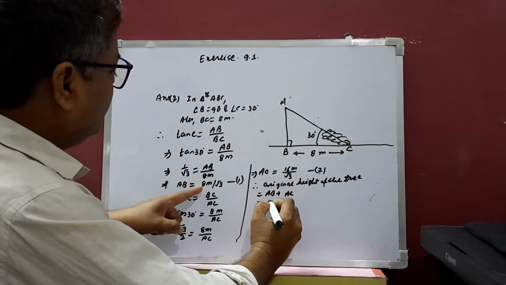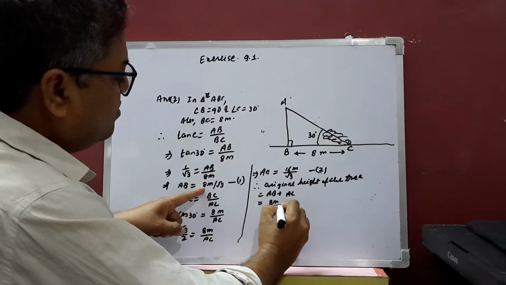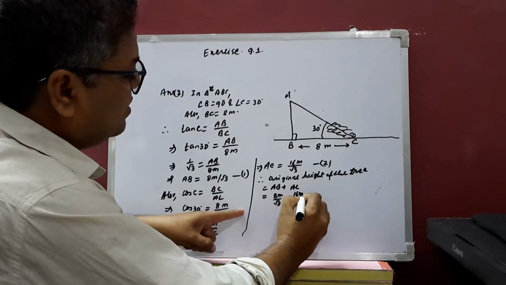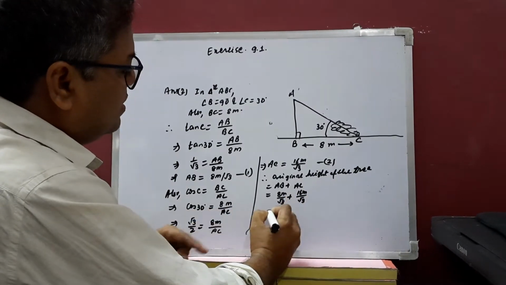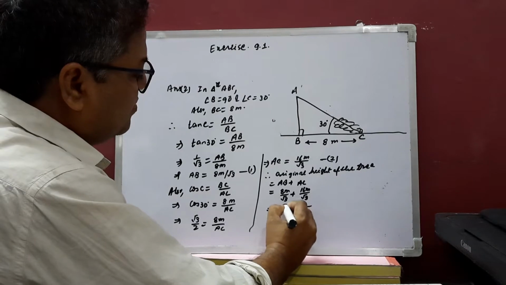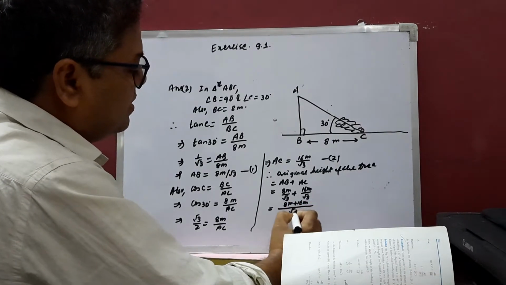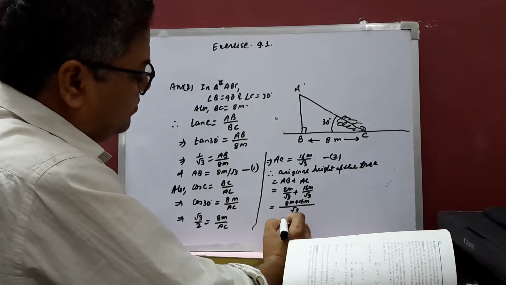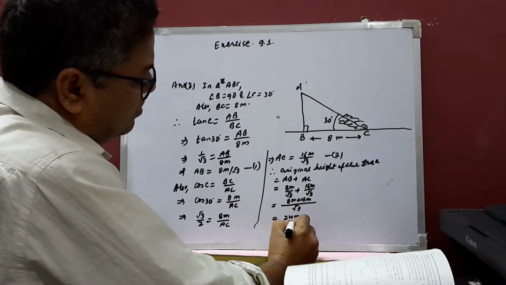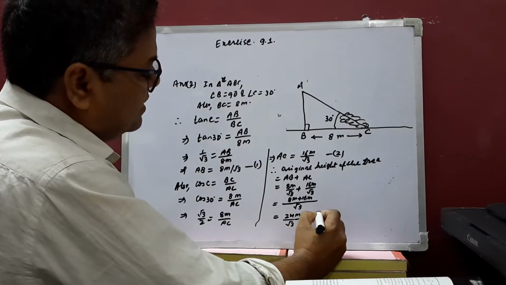What is the value of AB here? 8 meter by root 3 plus, and this is 16 meter by root 3. You will take root 3 as the LCM. This is 8 meter and this is 16 meter, and this is 24 meter by root 3, and do the rationalization here.